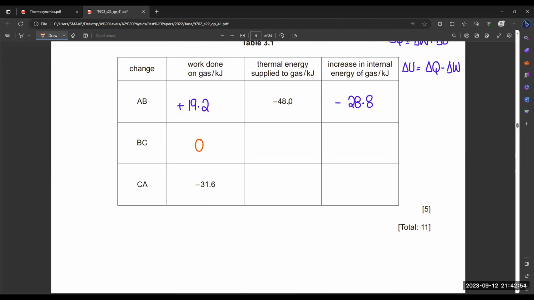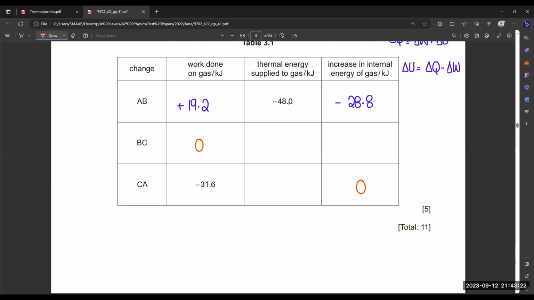When you are doing work with both pressure and volume changing from C to A, there will be no internal energy change. In A to B, you are working at constant pressure, right? So there is a value of internal energy, because your pressure is constant there, so your internal energy will increase. And when you are working with variable pressure and variable volume, there will be no increase in internal energy, right?